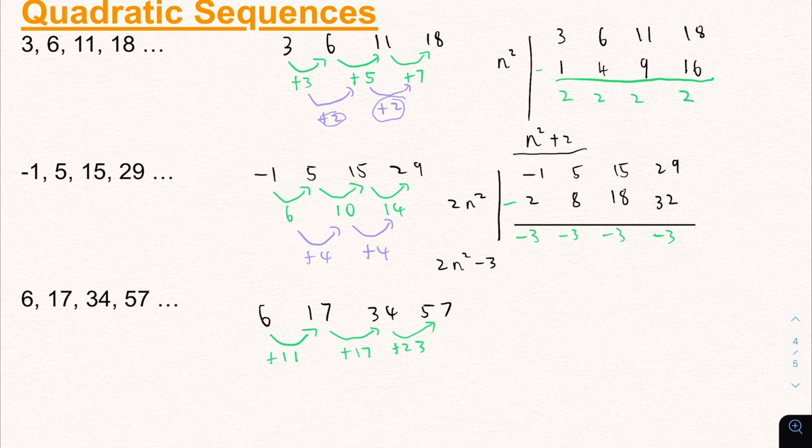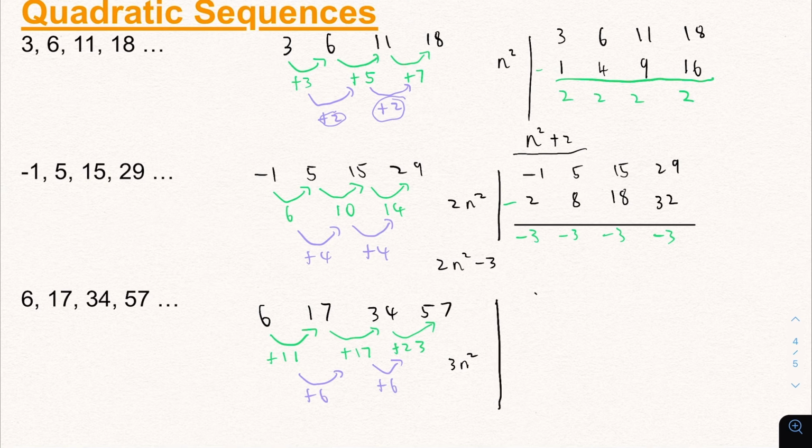And then you go another layer, so from 11 to 17, you add 6, and from 17 to 23, you add 6 again. Right, so that means 6 is 3 times 2, right? So that means the n squared part would be 3n squared, which is 3 times 2.